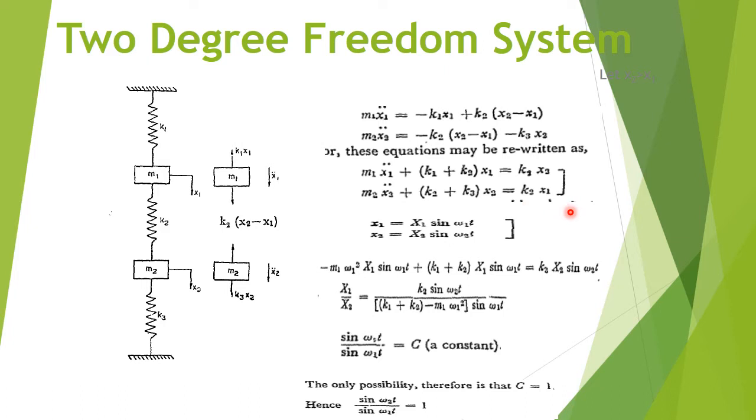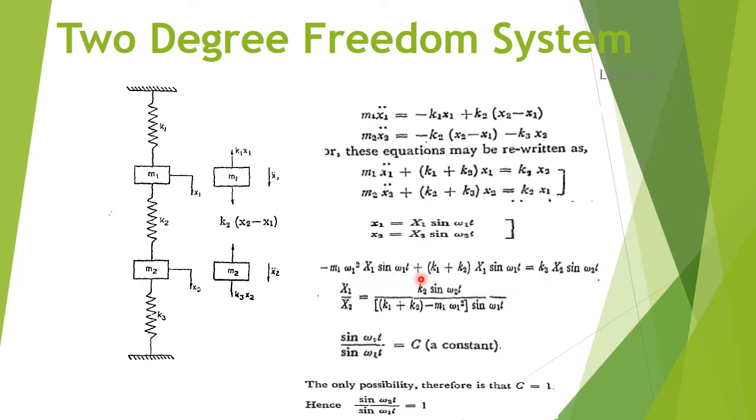Now we are considering the displacements x1 and x2 as x1 sin omega 1t and x2 sin omega 2t. Now we will put these two values in the above two equations. Then for the first equation for mass m1 we will get minus m1 omega 1 square x1 sin omega 1t plus (k1 plus k2) x1 sin omega 1t is equal to k2 x2 sin omega 2t, by putting the values of x1 double dot, x1 and x2.